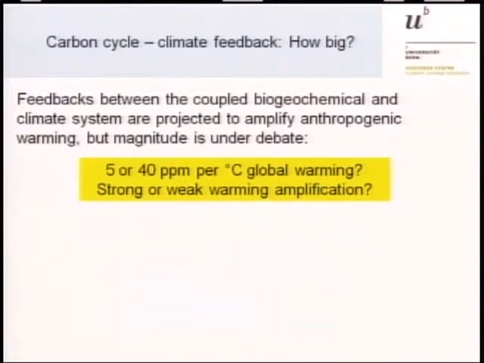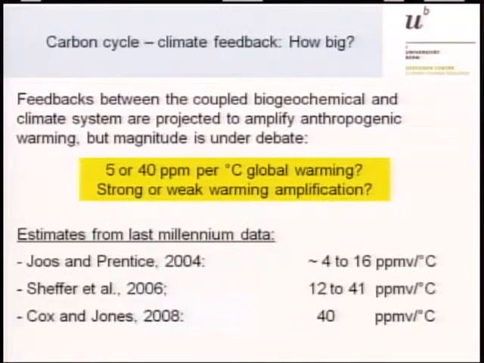It's also clear that the last millennium is not the perfect analog for the future, as the changes in climate were relatively modest compared to what we expect, but at least these numbers are important if we want to judge how good the models are at representing the current situation, the last millennium and the industrial period, and perhaps then also the future.